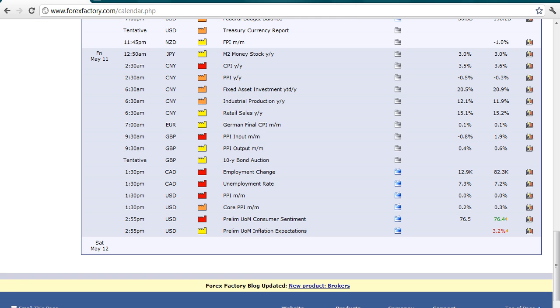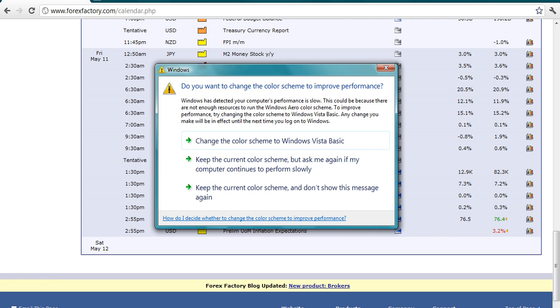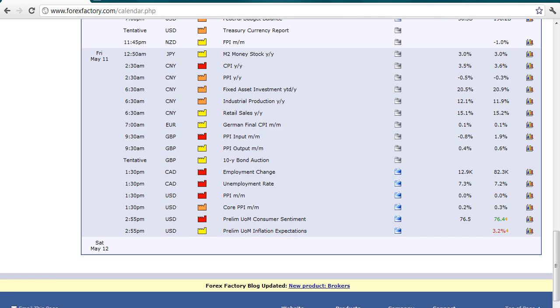And we have Canadian employment change and the unemployment rate out at 1:30. US news, we have PPI month on month, forecasted to stay flat, as was the previous, 0.0%. And to end the week, at 2:55 PM we have the preliminary University of Michigan consumer sentiment numbers, forecast at 76.5, previously 76.4.